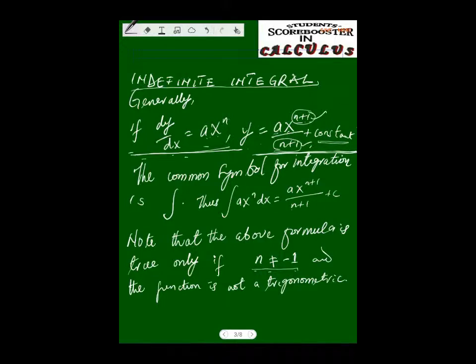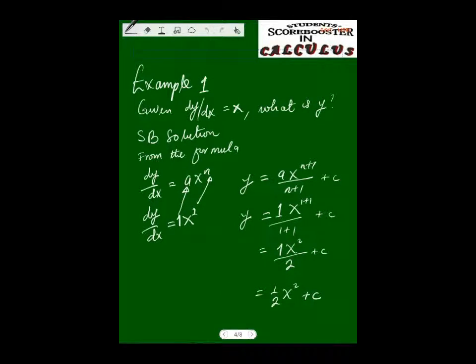So let's see the first example. Example 1: given that dy/dx is equal to x, what is y? Solution goes thus. I'm just going to take it as if we are teaching JS1 or SS1 students, just for you to understand.